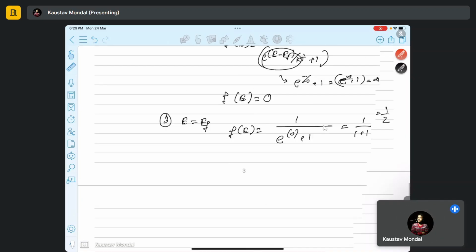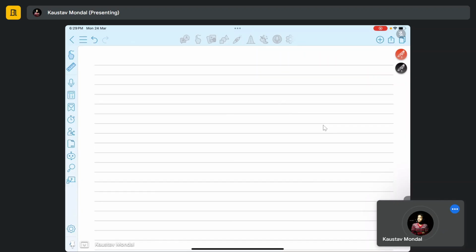Okay. Now if you draw the diagram of this, F(E) as a function of E, this would simply come like this. If this is, let's suppose, E_F, this would come like this. This is half, this is 1. And this thickness should not be that big.